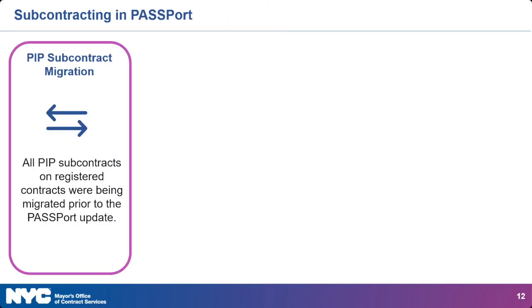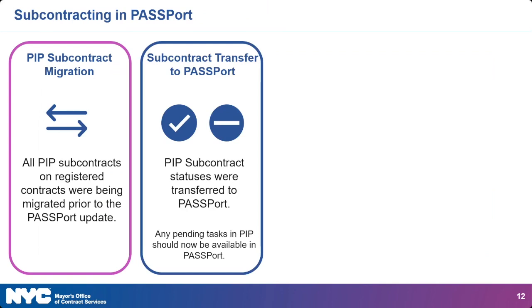So what does that mean for subcontracts that were in PIP? Subcontracts on registered contracts within PIP were migrated to Passport before the new release went live. Those subcontracts were transferred to Passport with their corresponding statuses, such as pending approval, approved, and canceled.